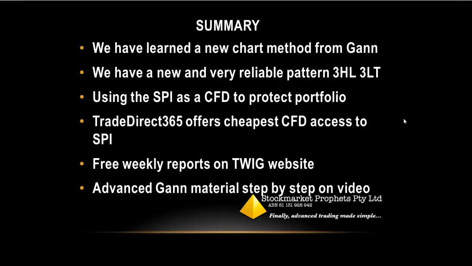And we've seen how we can use something like the share price index as a CFD to protect our existing portfolio just in case we happen to see a major crash like the 1974 or the 1987 crash, and it's so cheap to take out that insurance.